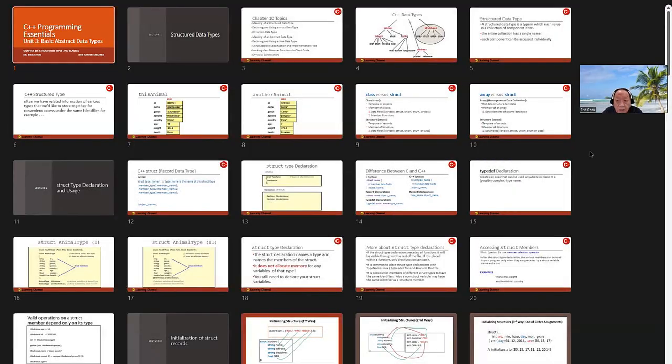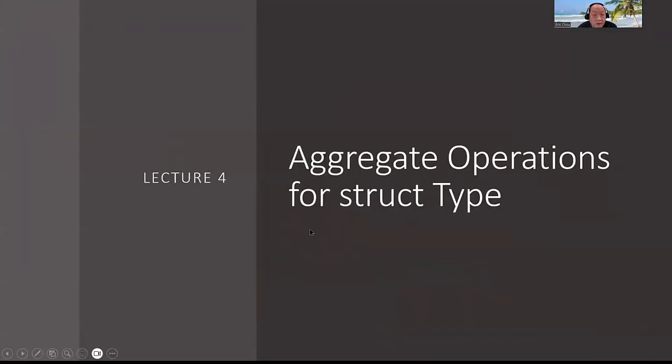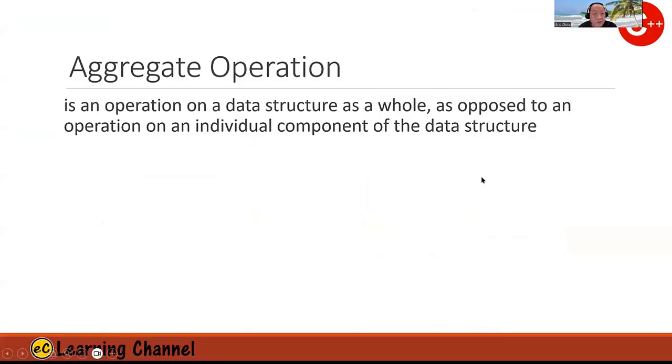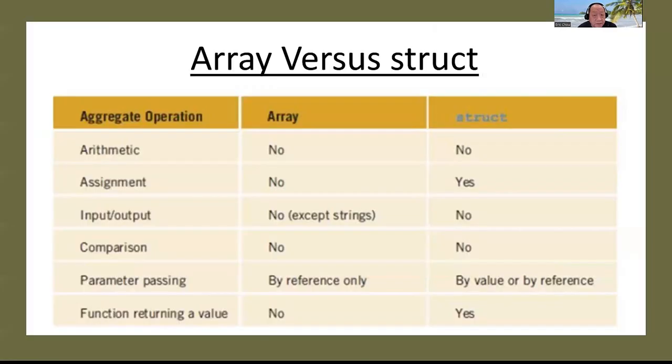Okay, so that's that. Next one, aggregate function. Aggregate function is that you apply a function, several functions together to it, like a whole. So there is arithmetic function, you can do this structure.